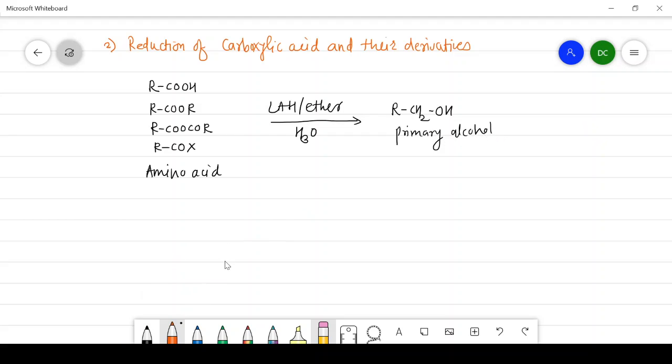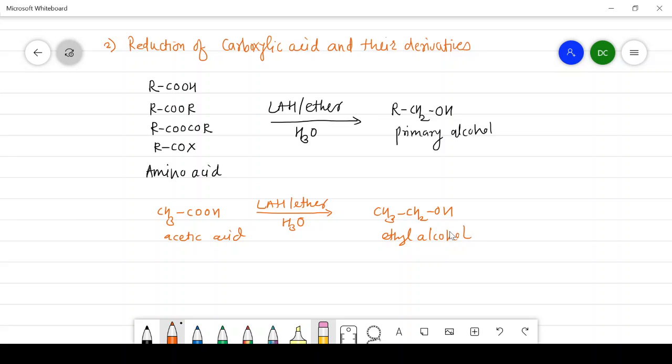So let's take the example of acid, in which we will take acetic acid. The simplest example. We just have to convert the COOH group into CH2OH. It is acetic acid, and we get CH3CH2OH, that is ethyl alcohol.